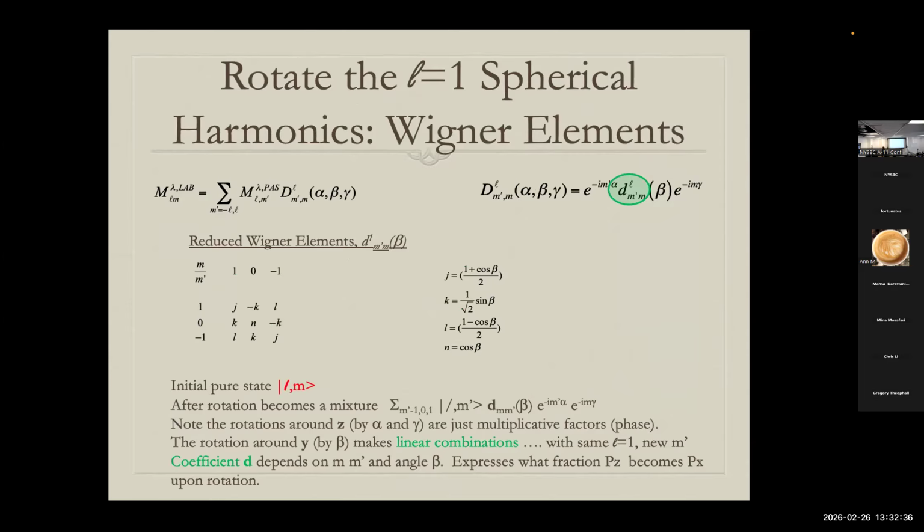So let's look at L equals 1 for a minute. Even though it's not an NMR observable, it's just easier. It's a vector-like thing, and so we know how it behaves. If I say L equals 1, and I need to rotate those components, in the lab frame, for example, I'm interested in how much L equals 1, M equals 1 I'm going to end up with.